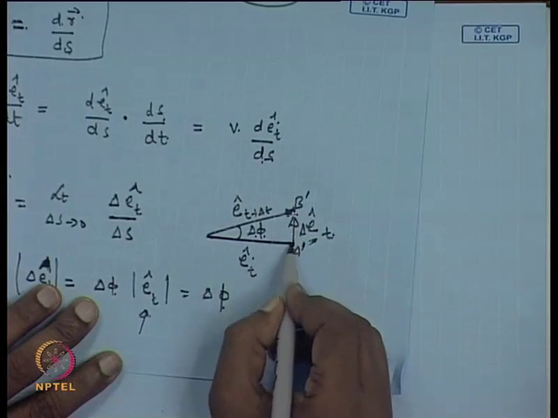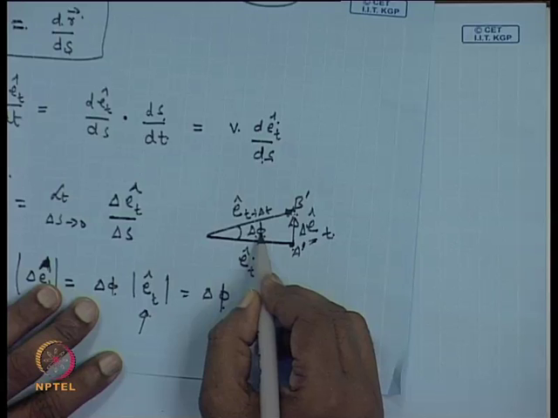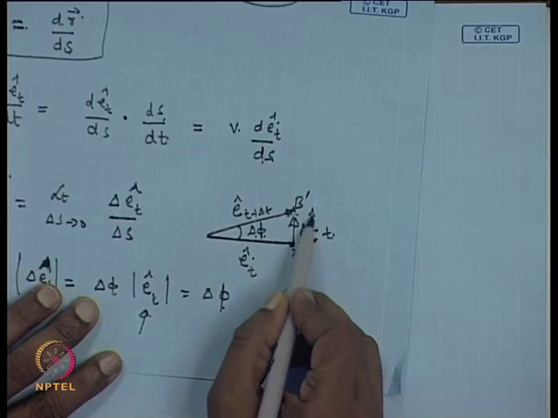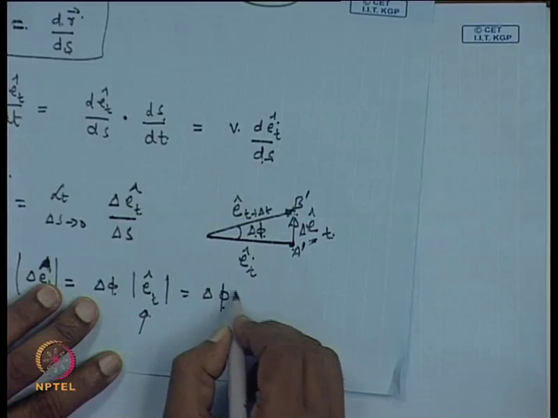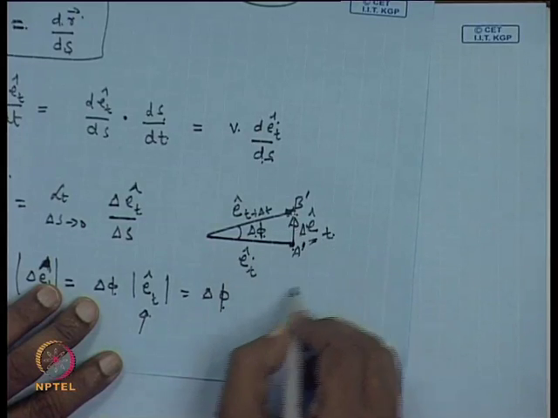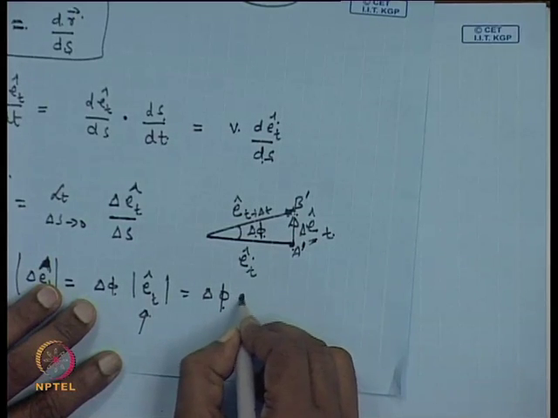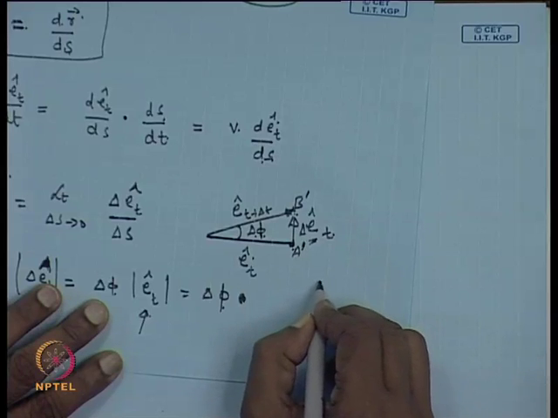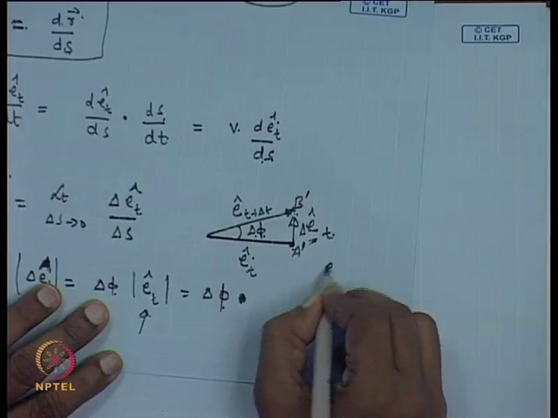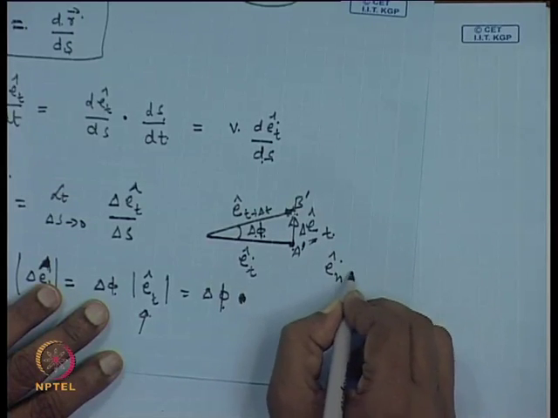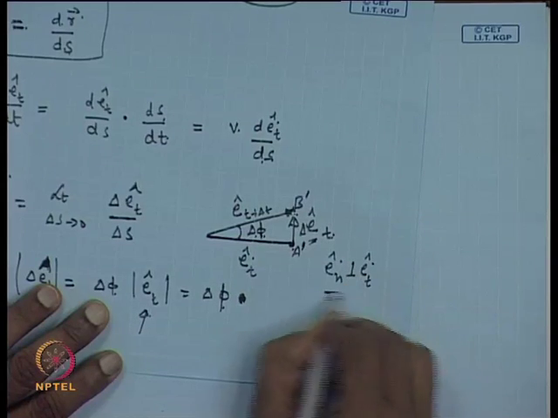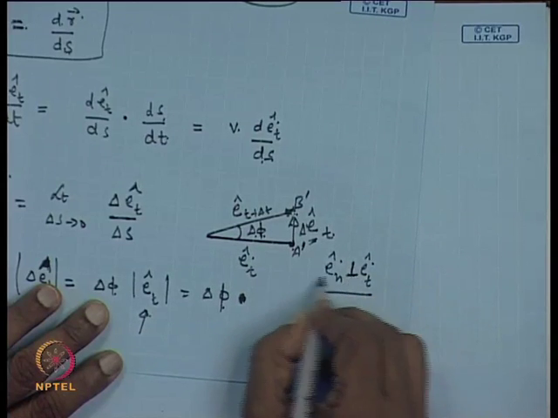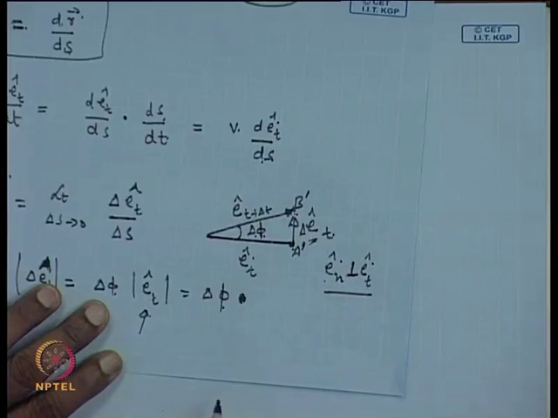As delta phi becomes smaller and smaller, this delta Et vector becomes perpendicular to the Et vector, and let us write this perpendicular as En cap. So, En cap is perpendicular to Et cap.